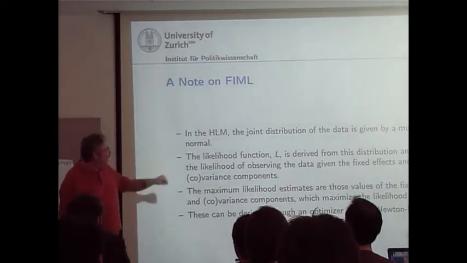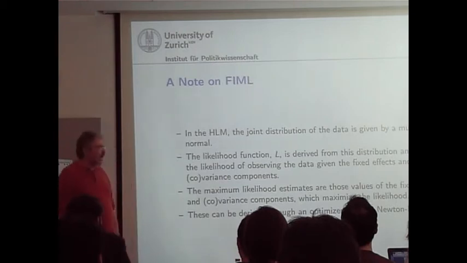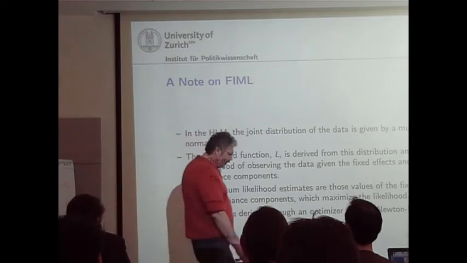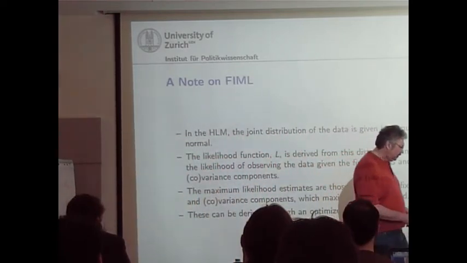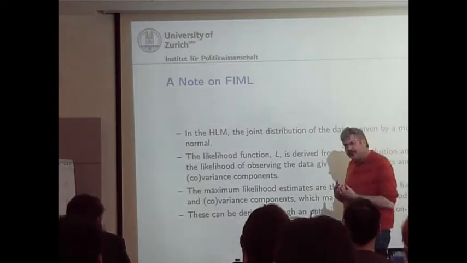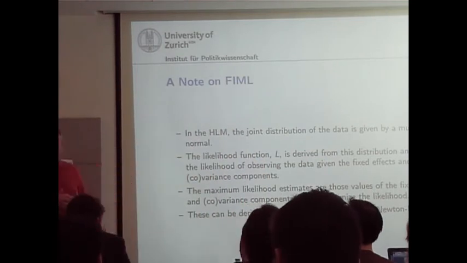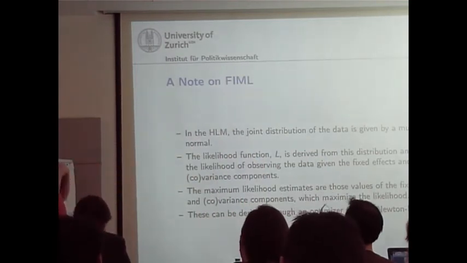That ends up being a multivariate normal distribution. And based on that, you can derive a likelihood function, which is a function that gives you the likelihood of observing the data given the fixed effects and the variance and covariance components.